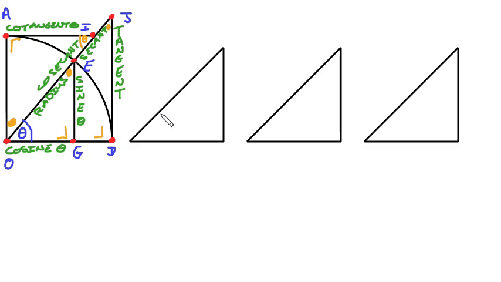So in all of these triangles, this angle down here will be theta. And if we write in the sides of these triangles, if we put this base here as cosine, then looking here, the right angle on cosine is sine.